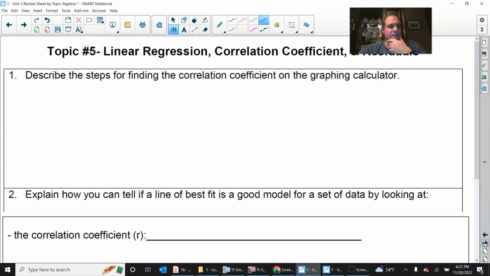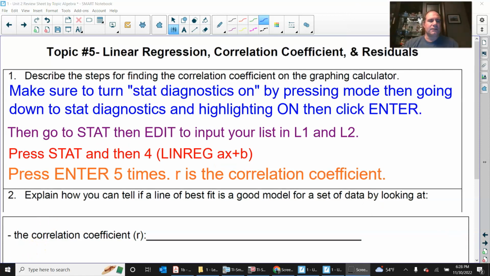And that's it. All right, so topic: linear regression, correlation coefficient, and residuals. Describe the steps for finding the correlation coefficient on the graphing calculator. Make sure to turn Stat Diagnostics on first by pressing Mode, then going down to Stat Diagnostics, highlighting On, and clicking Enter.